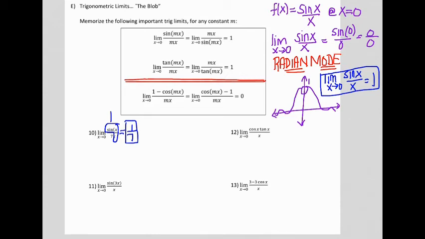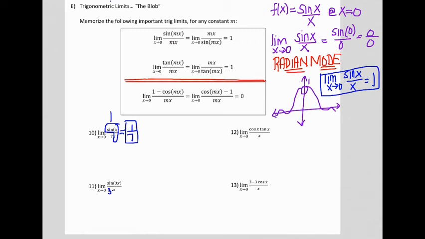Let's look at number 11. The limit as x goes to 0 of sine 3x over x. Now, little problem with this one. If there's a multiple in here, let's go back up to our rule. If there's a multiple in here, we have to have the matching multiple on the bottom. So on this one, I would have to multiply a 3 into the bottom in order to get the rule.